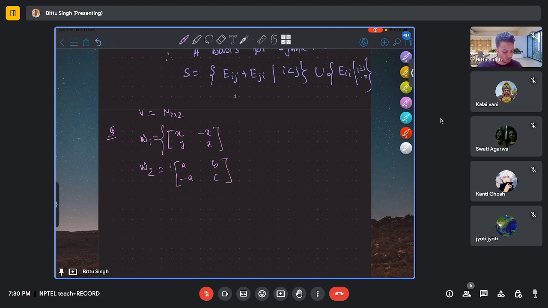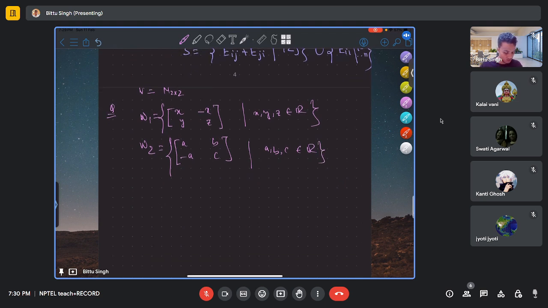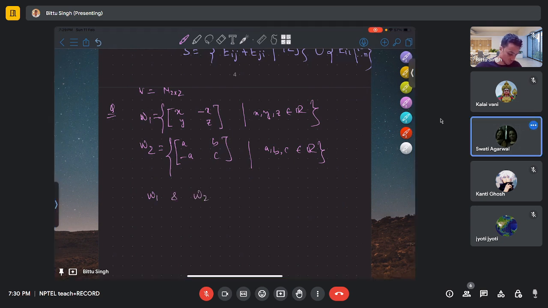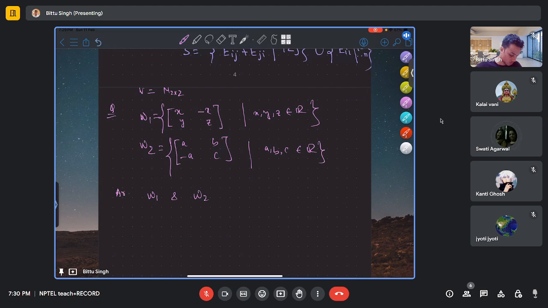All matrices of these forms, where x, y, z are real numbers. Similarly, a, b, c are real numbers. Is it clear that W1 and W2 are vector spaces? Are those spaces subspaces of the vector space? What will be the answer?